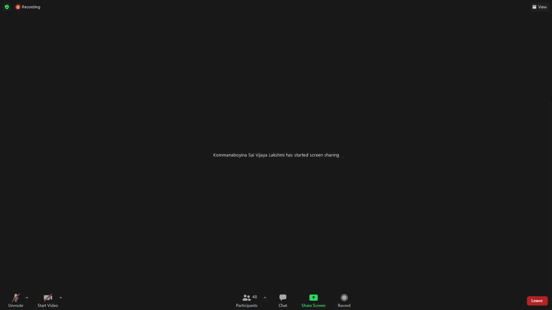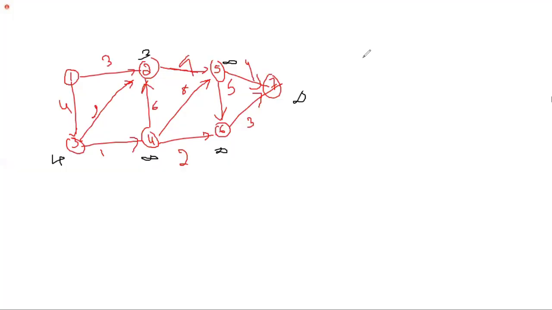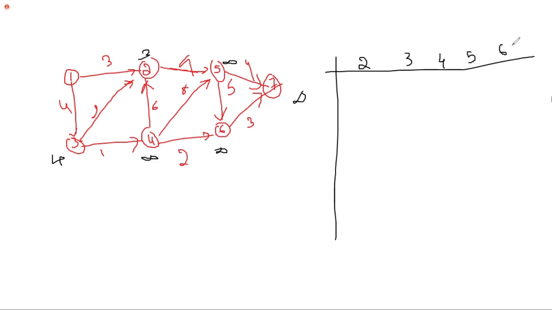Then we'll come to the algorithm and write that step. I'm taking all the vertices: the first vertex is the known vertex, and from the second vertex onwards I'm considering 2, 3, 4, 5, 6 and 7.